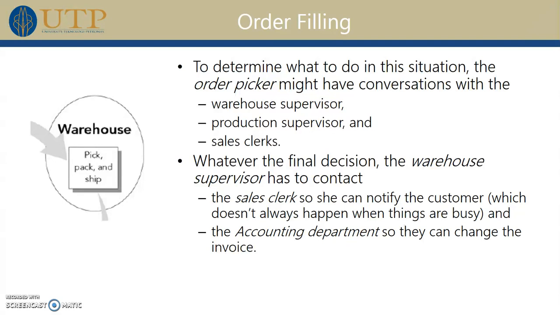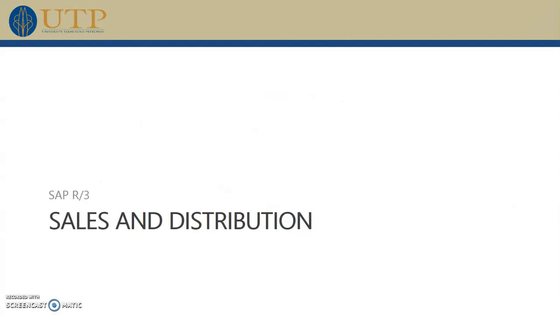Whatever the final decision is, the warehouse supervisor has to contact the sales clerk so that the sales clerk can notify the customer about the changes, and the accounting department also needs to be informed in terms of changing the information on the invoice. Thank you.